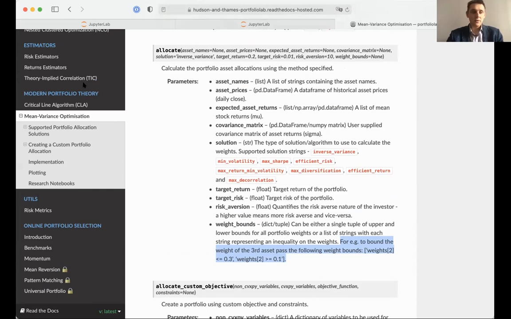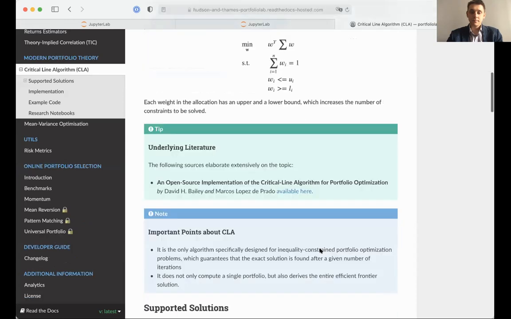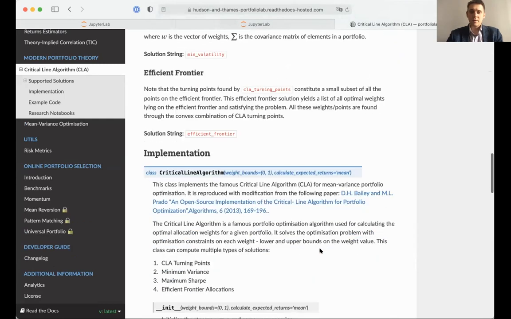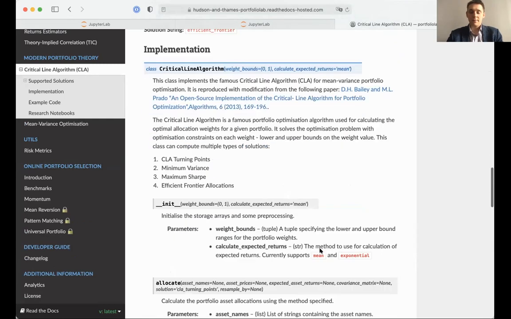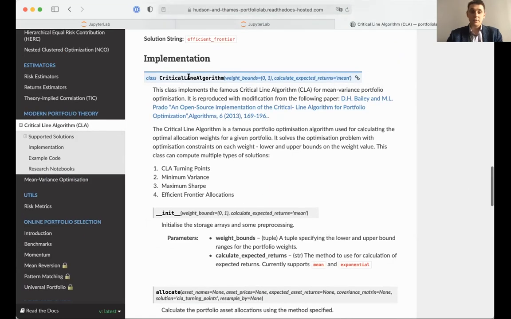So now let's take a look at the critical line algorithm implementation in Portfolio Lab. Here we also have various parameters. As you can see, we have the critical line algorithm with weight bounds input.